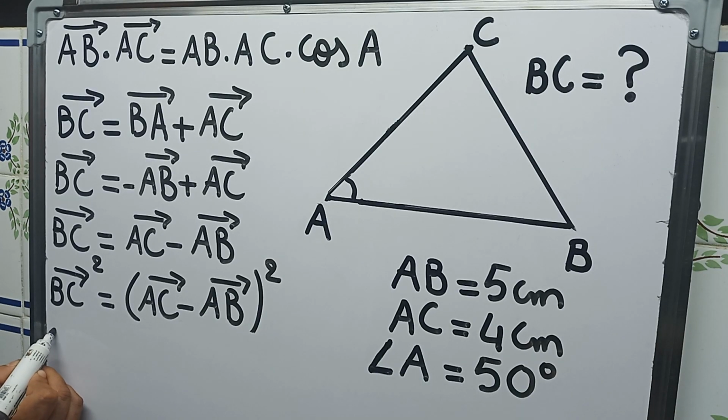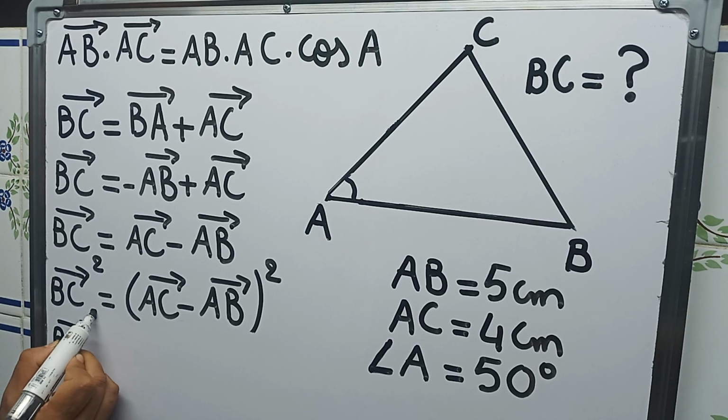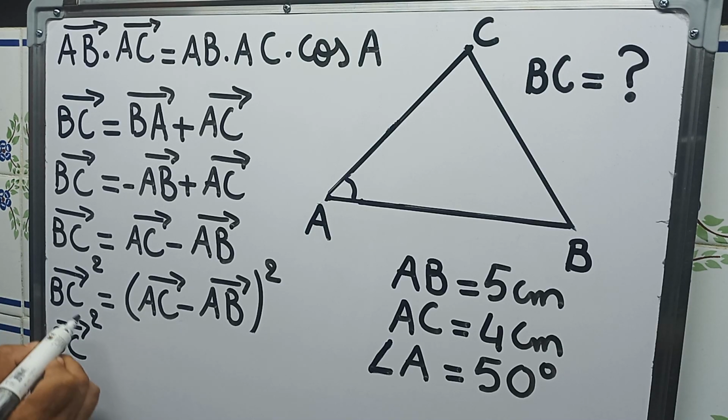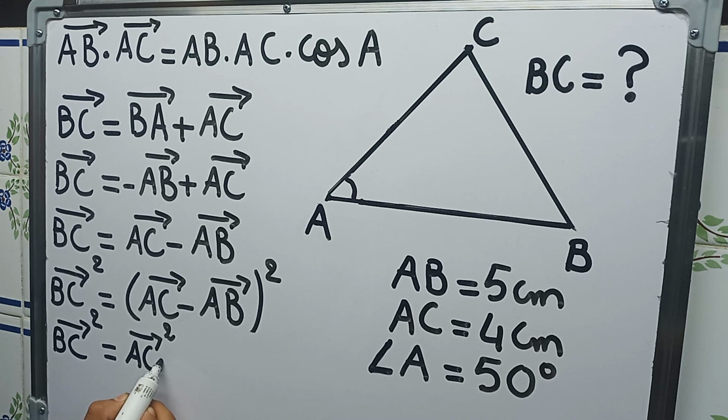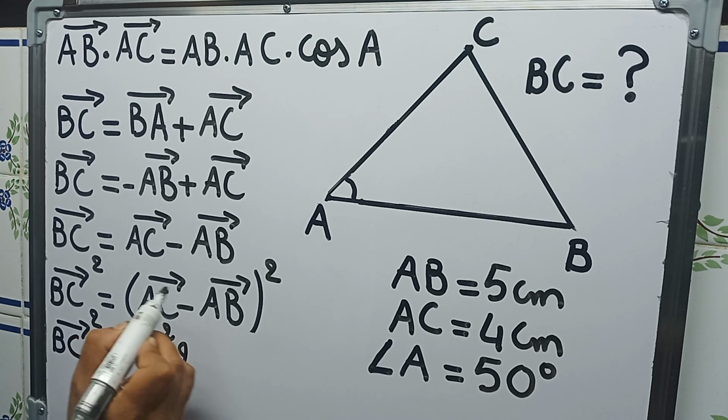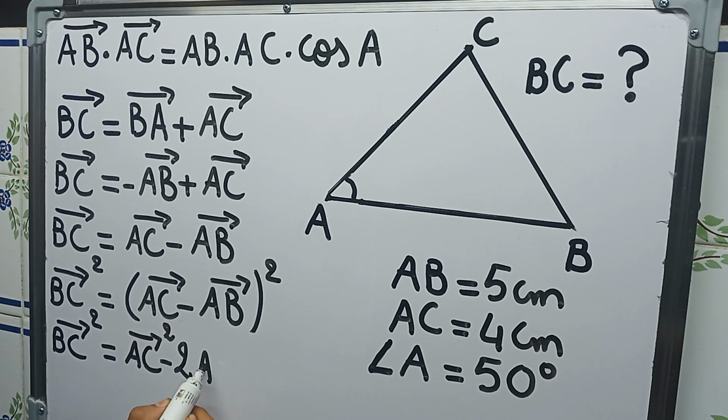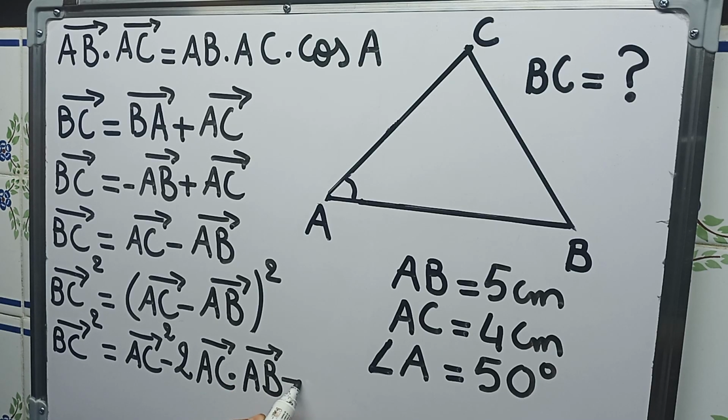So BC squared, of course BC squared is BC dot BC, is AC squared minus 2 AC dot AB, or AB dot AC is the same, plus AB squared.